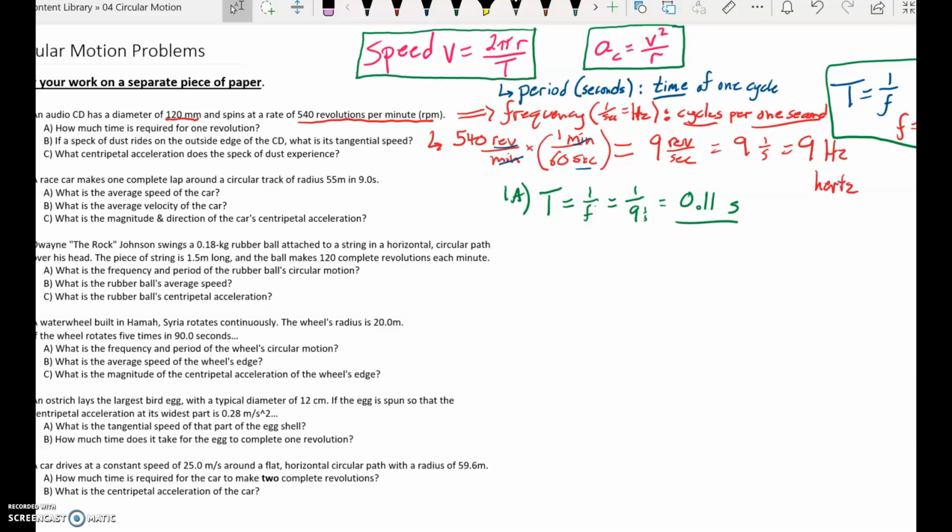Alright, 1B is saying if there is a speck of dust riding on the outside edge of the CD, what is its tangential speed? So it's asking for my tangential speed here, 2 pi r over t.